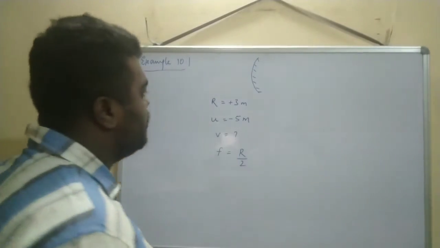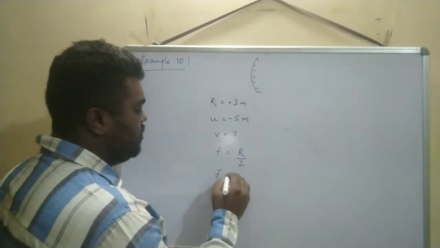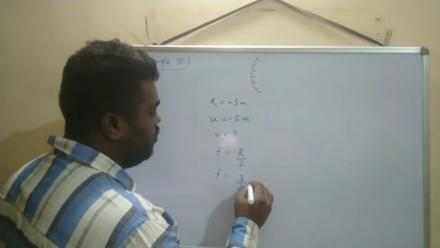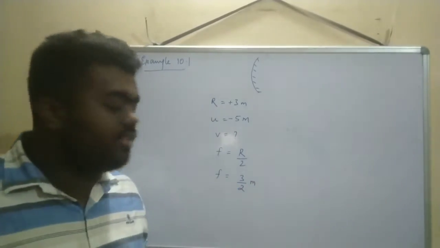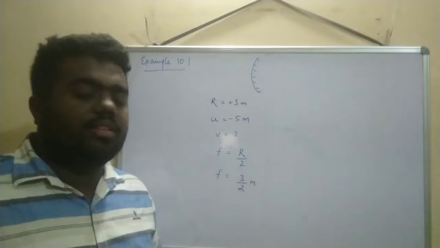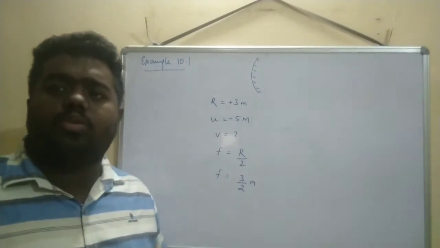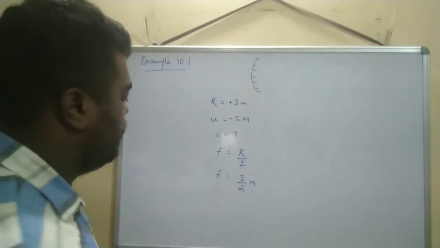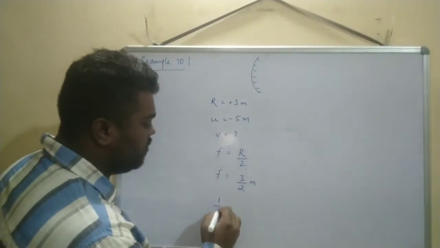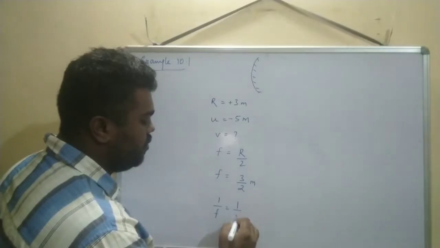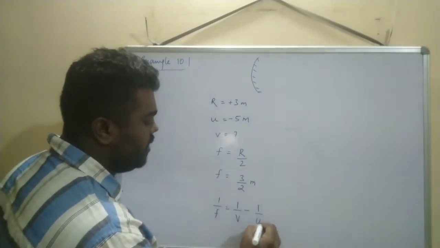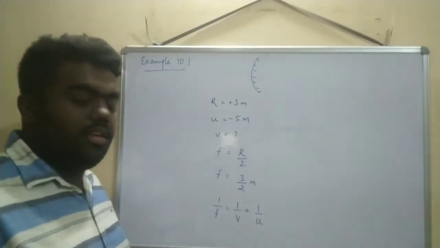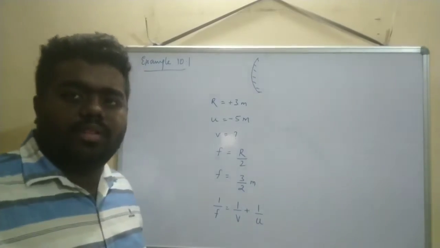So f is equals to 3 by 2 meter. I am not converting it into decimal because further it will be convenient to solve when we are keeping it in fraction. So now using the mirror formula, 1 by f is equals to 1 by v plus 1 by u. In mirror formula we have positive sign.